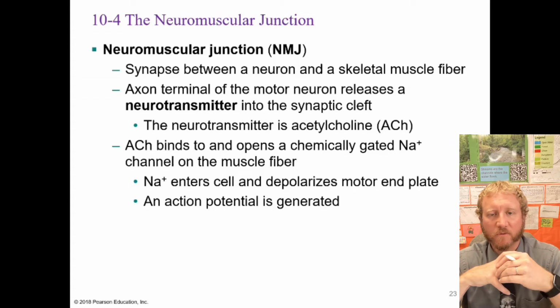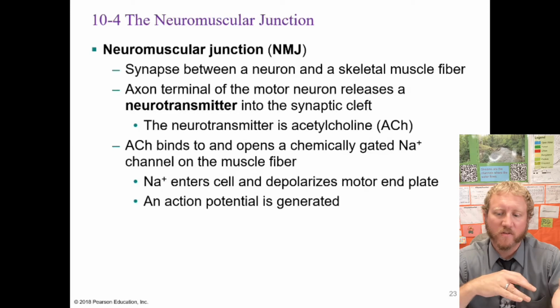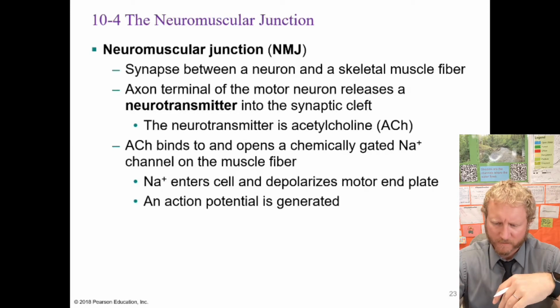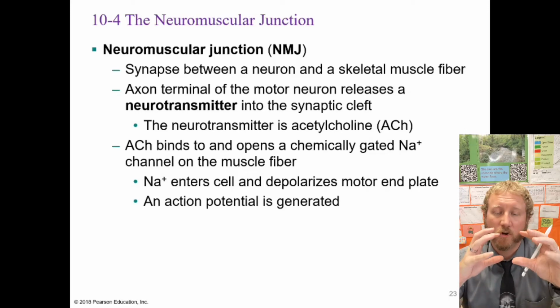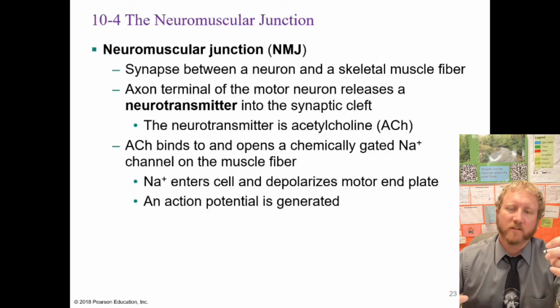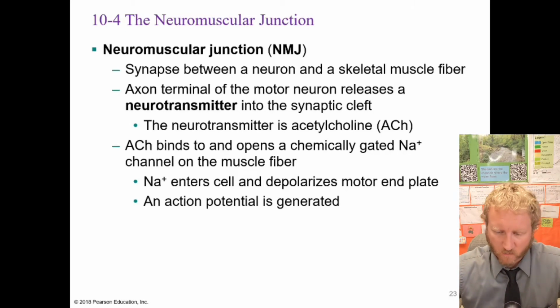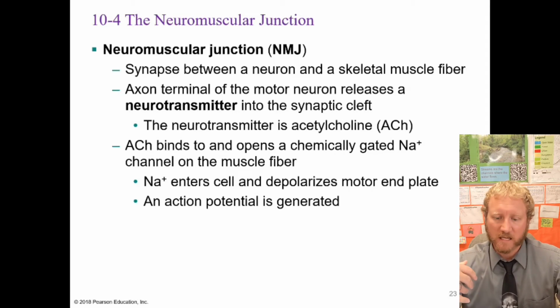The NMJ, the neuromuscular junction, is the meeting point between the end of a neuron and the beginning of a muscle fiber. The axon from the neuron releases a neurotransmitter into something called a synaptic cleft, that space. The neurotransmitter is acetylcholine, which binds to special proteins that let sodium in, which changes the voltage across that membrane and starts an action potential.